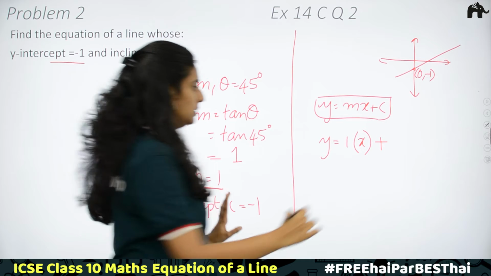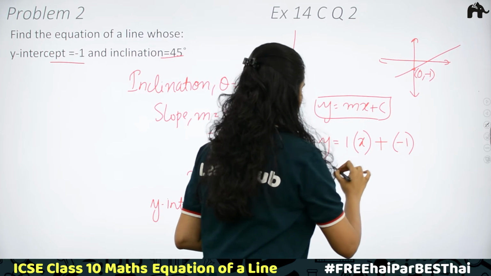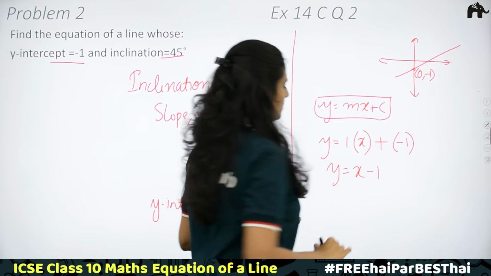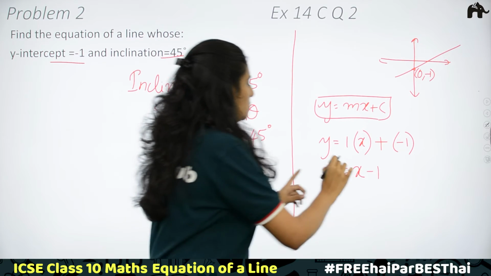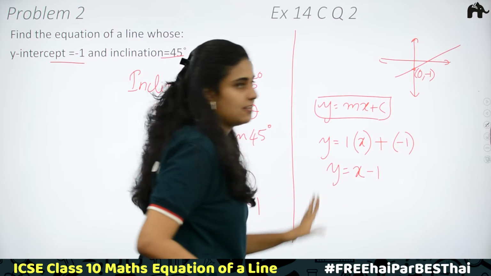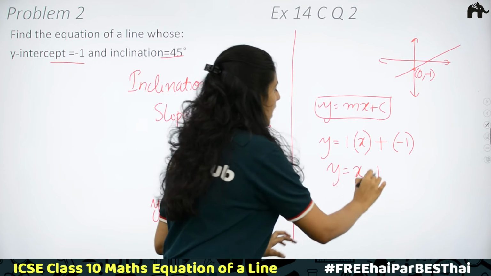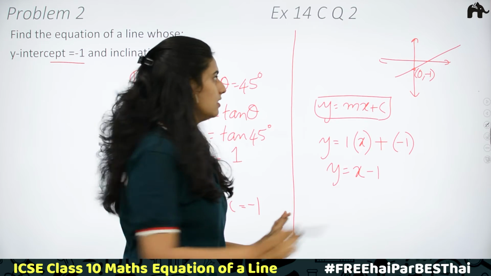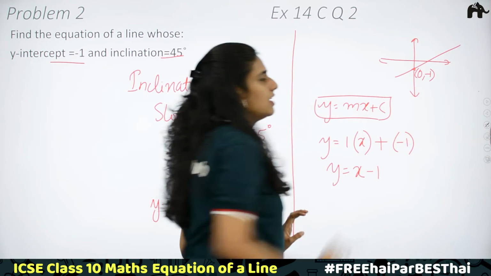C is minus 1. That is, y is equal to x minus 1. So, this is the required equation. When you put values for x and y, you should be able to satisfy this equation. Clear? Then these points will be lying on the same straight line.